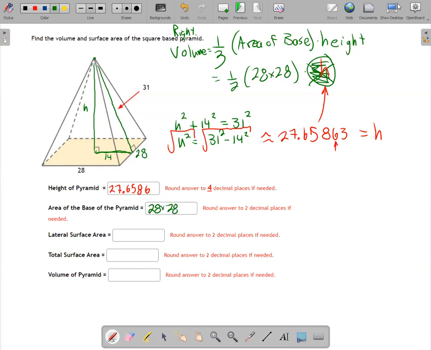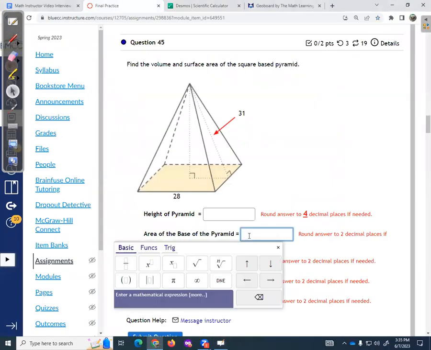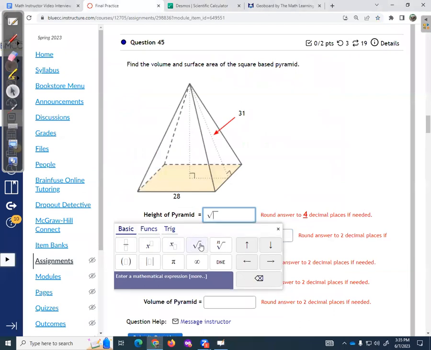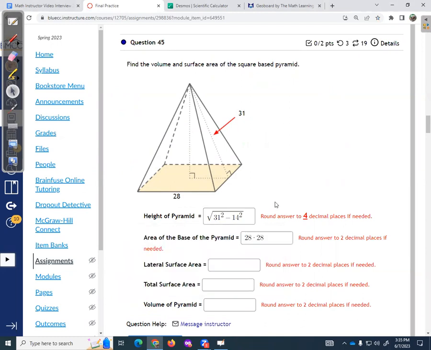I have to type a number, not a calculation. Oh, they'll take a calculation. So instead of rounding here, I could type the square root of 31 squared minus 14 squared. That should be acceptable. Or we could state the rounded answer to 4 decimal places.